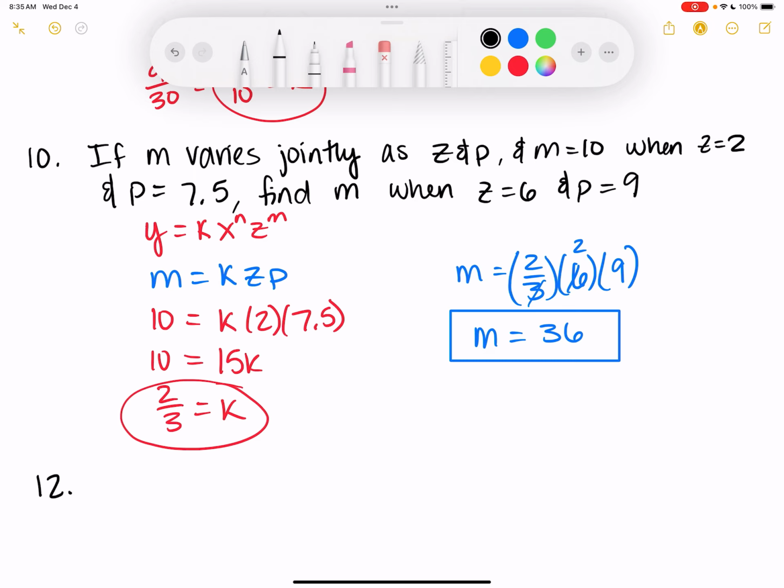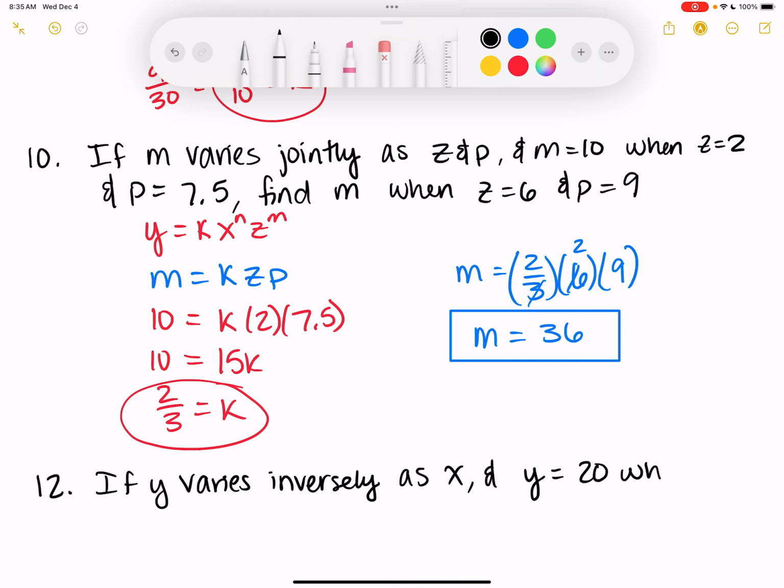If y varies inversely as x and y equals 20 when x equals 1/4, find y when x equals 15.